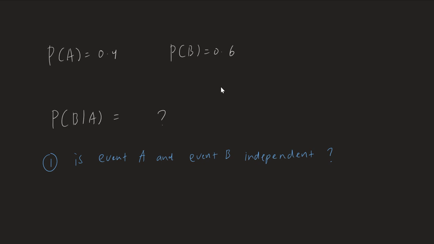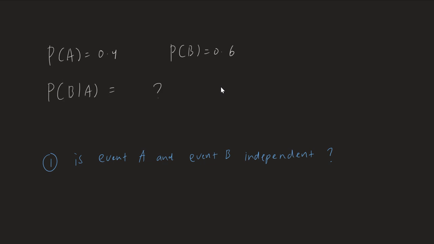Okay, the question is, are event A and event B independent or not? Let's just think. How would I know if I needed to say that it was independent?